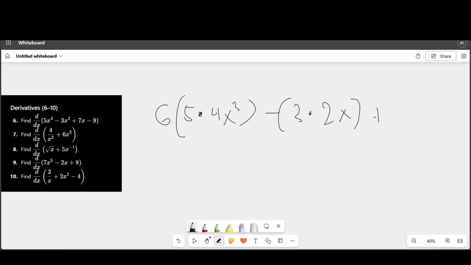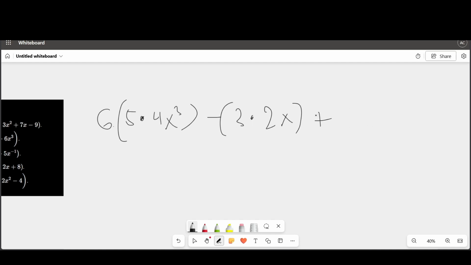Then we have plus 7, because the derivative of x is, what's the derivative of x? We have x to the power of 1, and 1 minus 1 is 0.